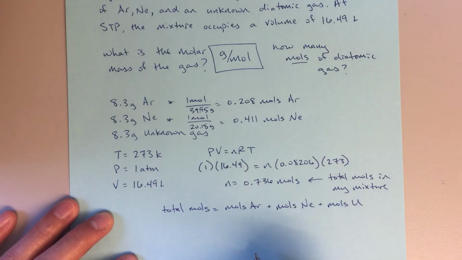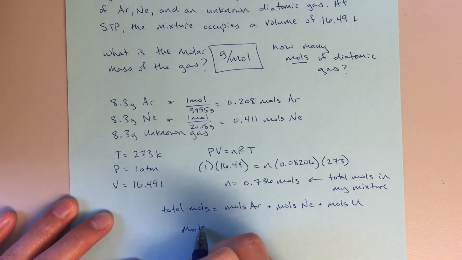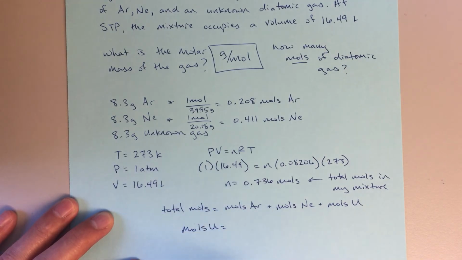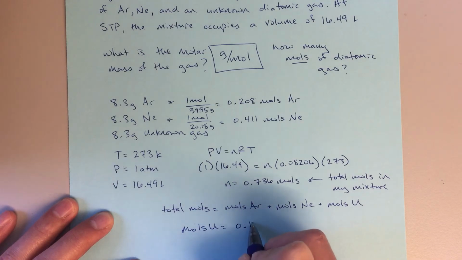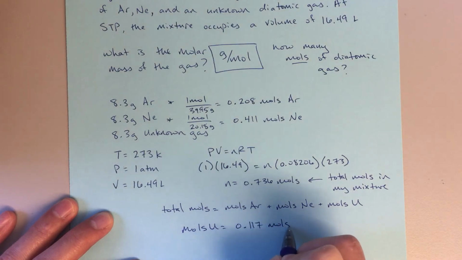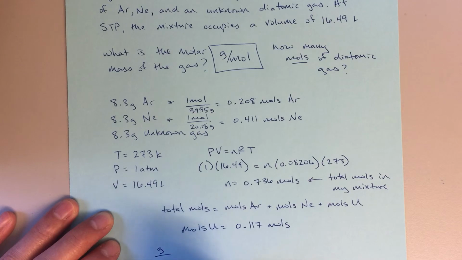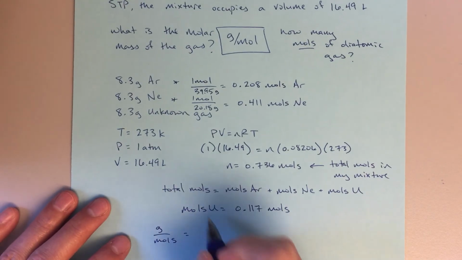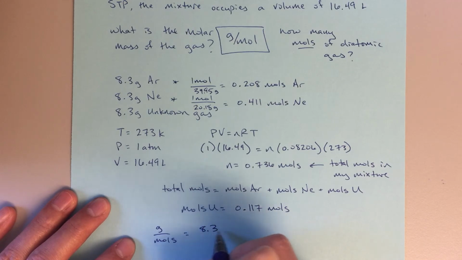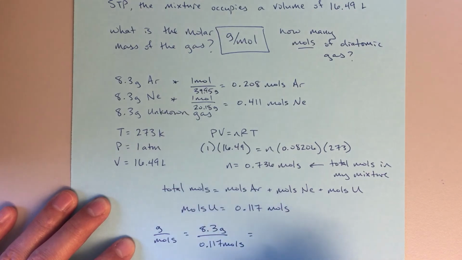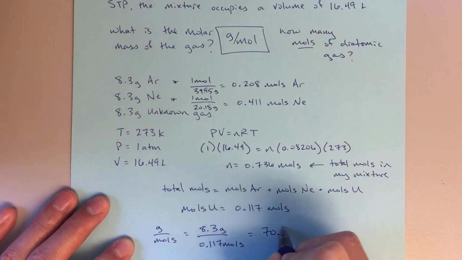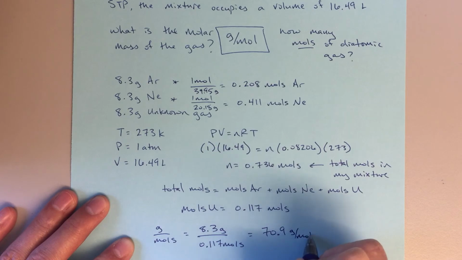So if I do that and I solve for moles of U, that's going to equal 0.117 moles. And now to find my grams over moles for my unknown, I'm just going to take 8.3 grams divided by 0.117 moles, and that gives me an answer of 70.9 grams per mole.